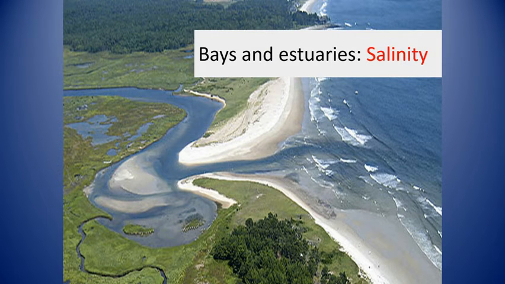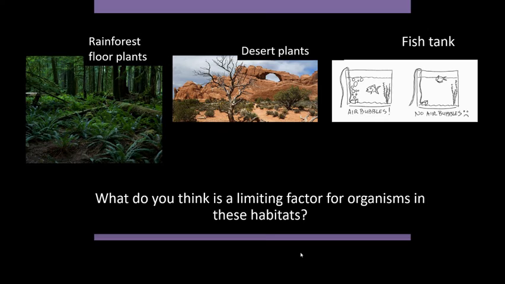In bays and estuaries that are close to the ocean, salinity is the limiting factor, where certain species can thrive or be alive based on the salt content, whether it's too high or too low. And so if you get a huge influx of salt, that can be good or bad depending on what type of organism you are.